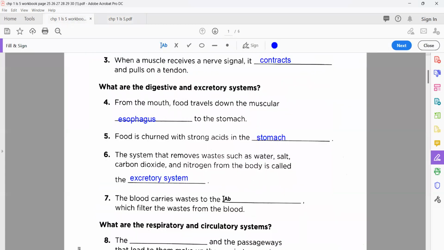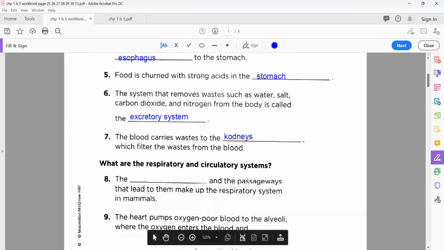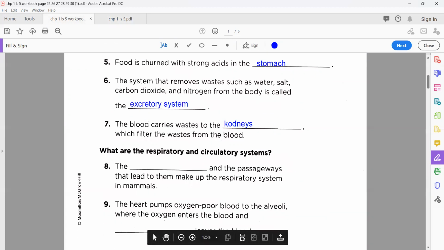This we name kidneys. Basically they are present in pairs, one pair, two kidneys.